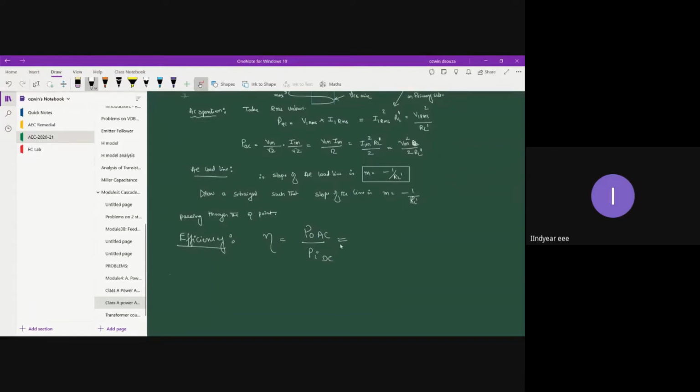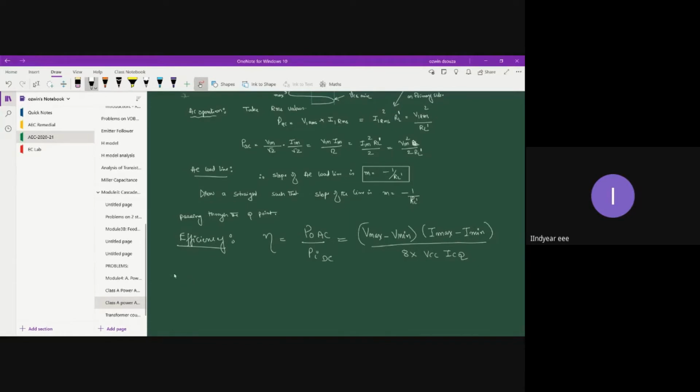So P naught AC, in terms of max and min values, you can write as (V max minus V min) into (I max minus I min), divided by 8 into VCC into ICQ. That's the general expression for efficiency. Whatever the values of Vmax and Vmin may be, you can substitute them here and find the expression for efficiency.